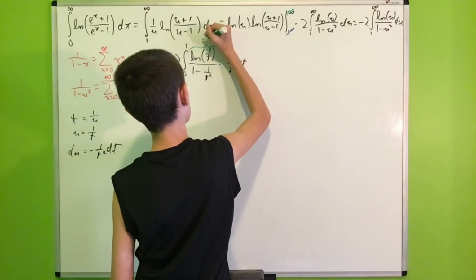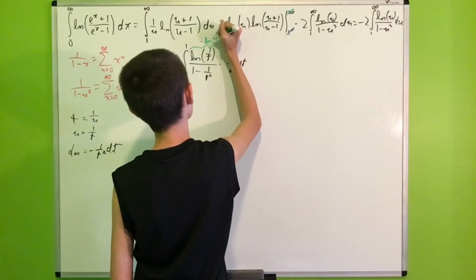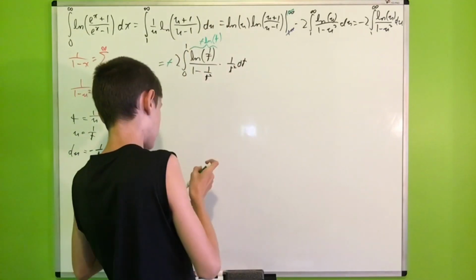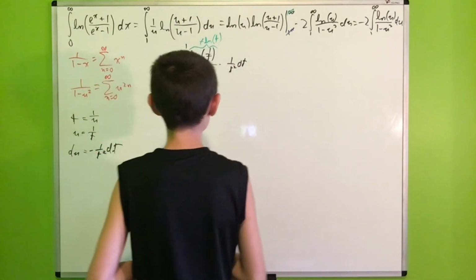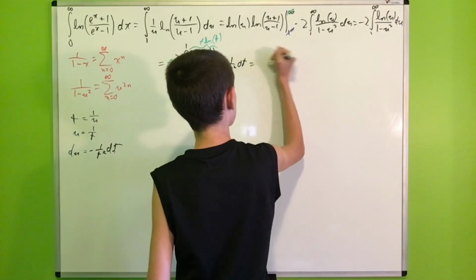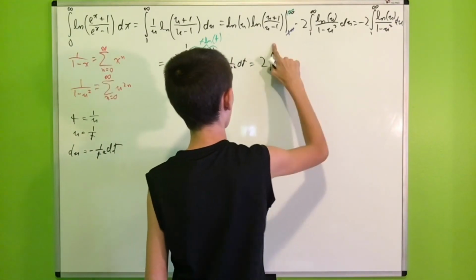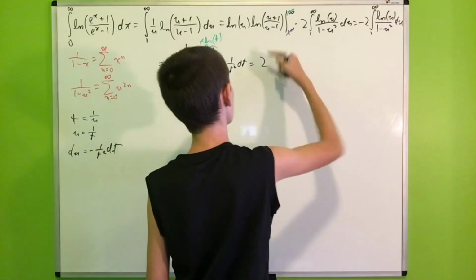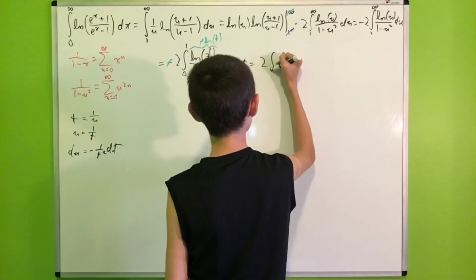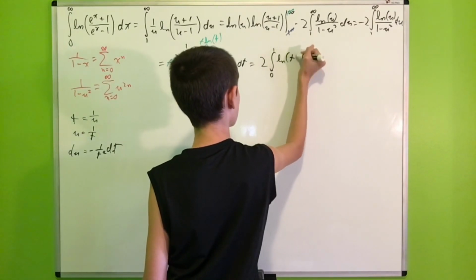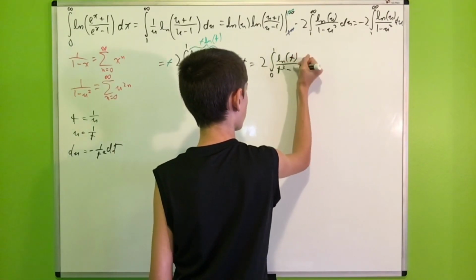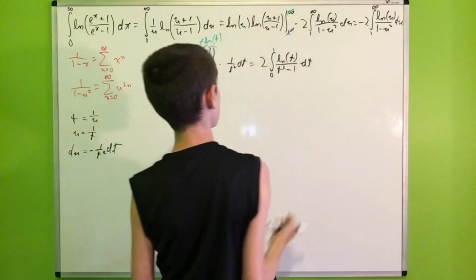So this right here is negative natural log of t. These two negative signs will cancel each other out. So we will get 2 times the integral from 0 to 1 of natural log of t over t squared minus 1 dt.